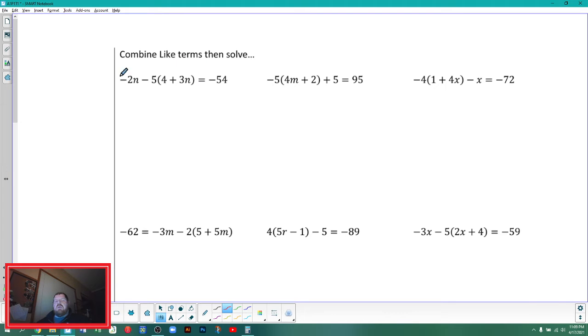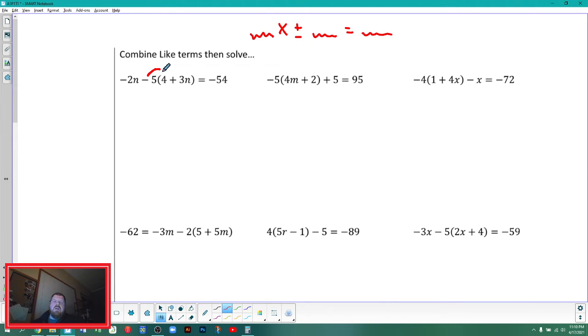I want to do all my work to make one side look like something times x plus or minus something else equals some number. That's what I want to get to, okay? And there could be division in there. I'm not saying that there couldn't, but I want to do all my work on one side to make one side look like it just has two terms. Okay, an x term or a variable term and a number term. So let's go ahead and do that.